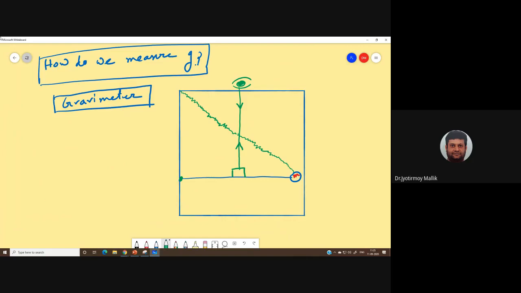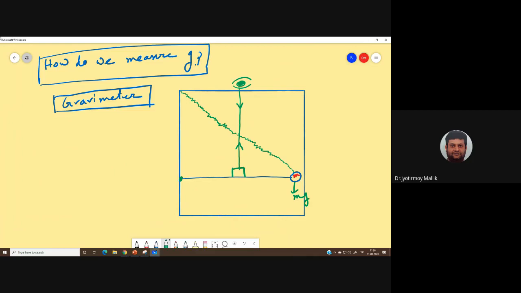So now at this stable position, the weight of this small mass is mg. And then there is a small mirror attached to the arm.